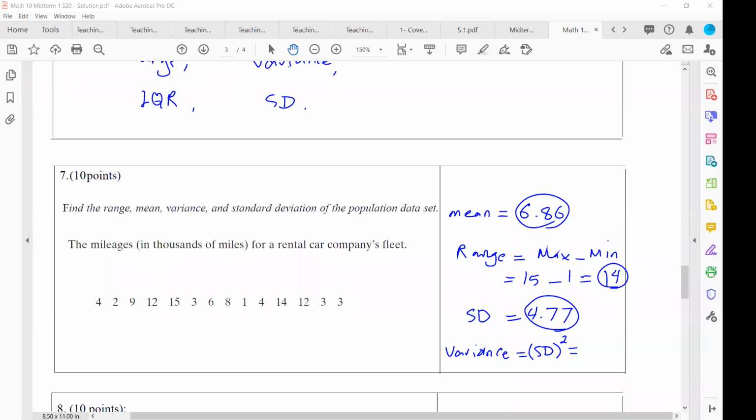Variance 22.75. This is the variance of your collection.